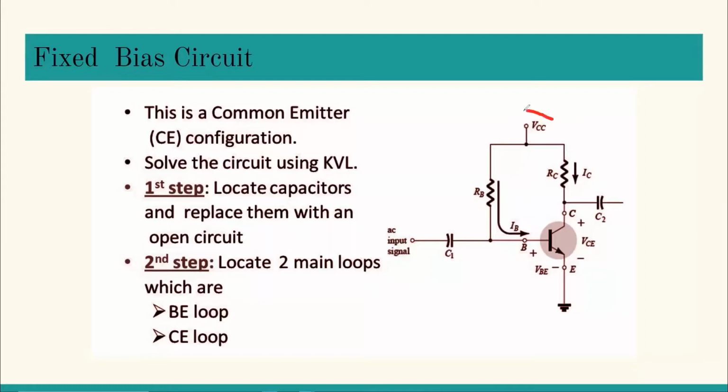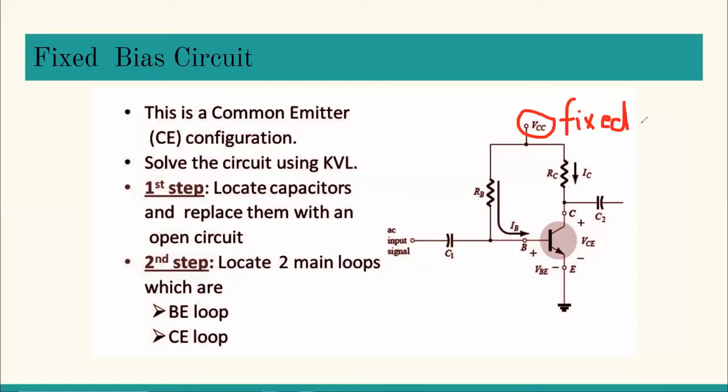You can name it VCC, you can use VVV, anything. This VCC, the battery which you can see, is fixed over here. The value of this particular VCC is fixed, and hence it is known as a fixed bias.